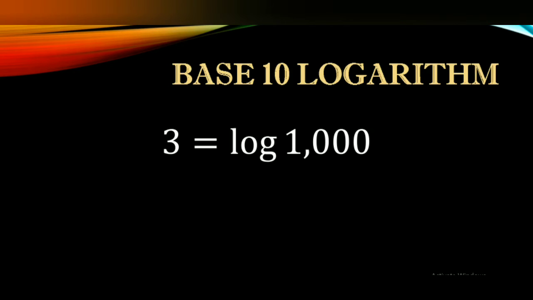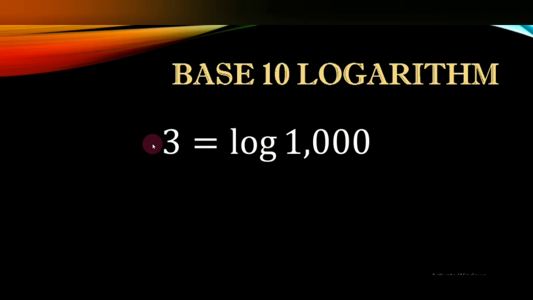Let's go back to base 10 logarithm. If I have the statement as on the first page, 3 equals log of 1000, we see that there is no base here, right? The base is not written. It's just the log and then the argument directly, and this is the exponent or the logarithm.